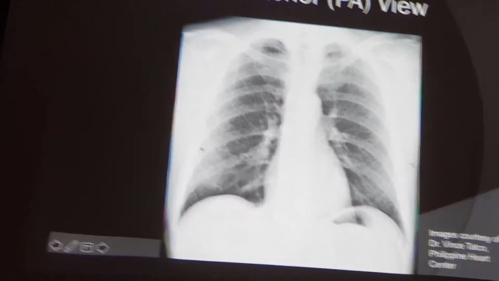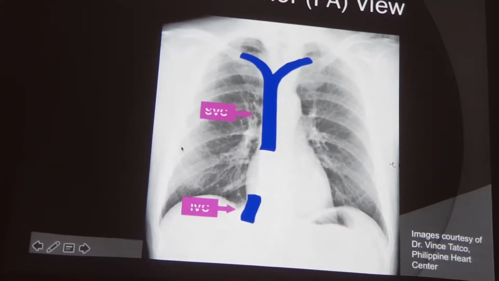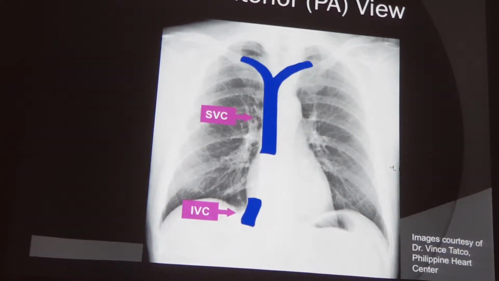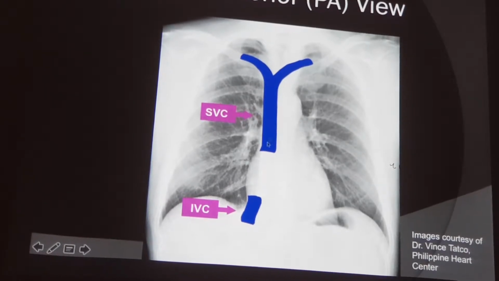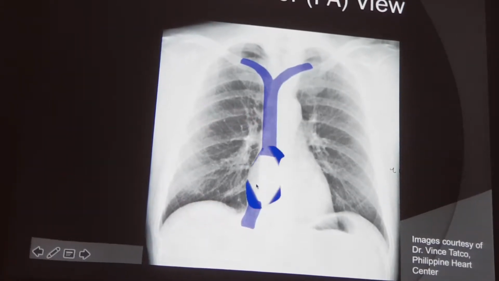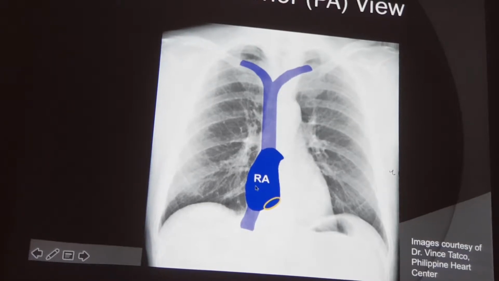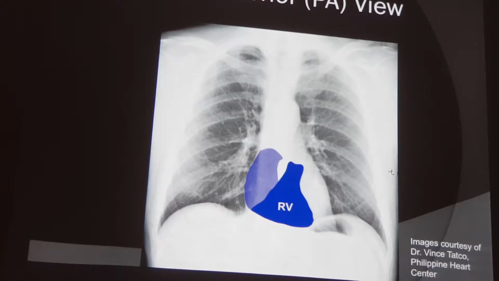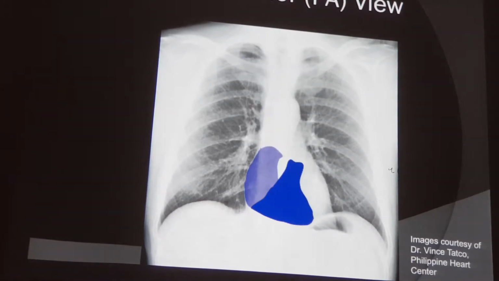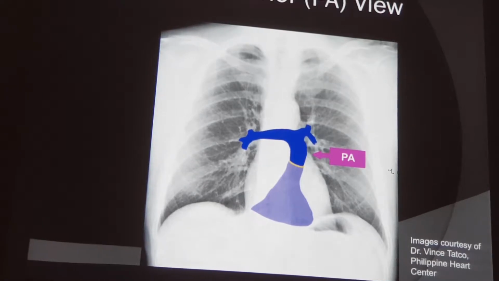So on the PA view, again, just to reinforce, now we're going to follow the flow of blood. We have your superior vena cava and inferior vena cava draining into the right atrium. From there it goes to the right ventricle. The right ventricle goes out to the pulmonary arteries.